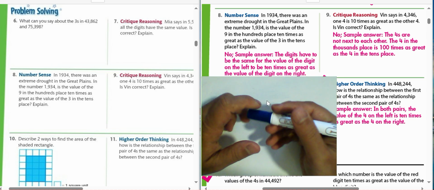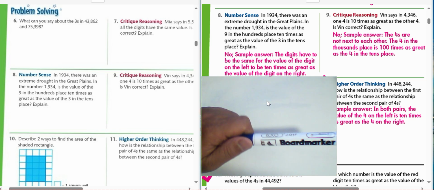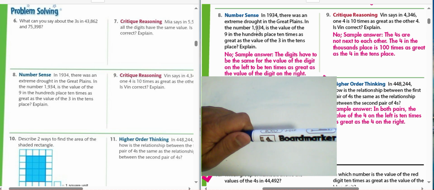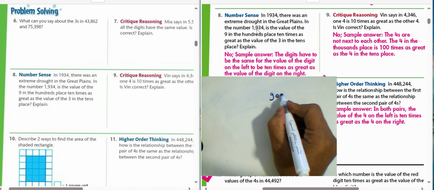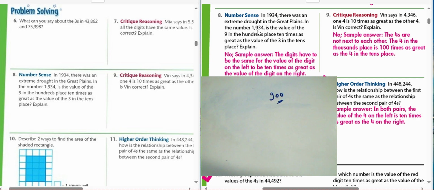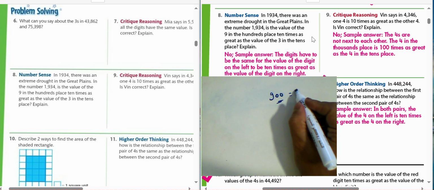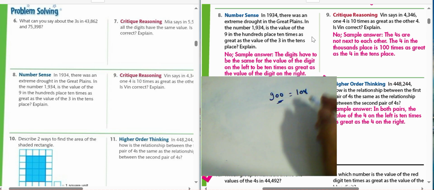I will explain here. He asked about the value of digit 9 in the hundreds place and the tens place. The 9 here lies in the hundreds, so it will be 900. Is the value of the 9 in the hundreds place 10 times as great as the value of the digit 3 in the tens place? The 3 lies in the tens here, so it is 30. True?